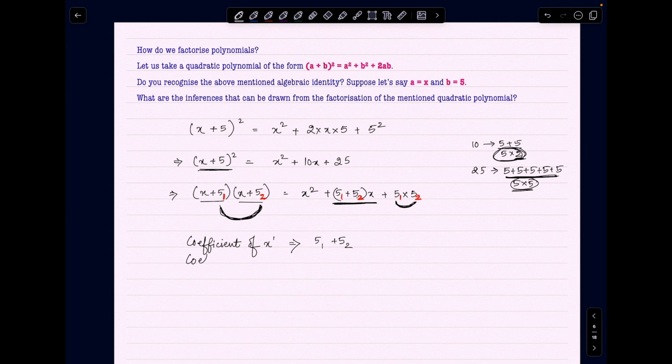In the coefficient of x to the power 0, both these numbers, first 5 and second 5, are getting multiplied.